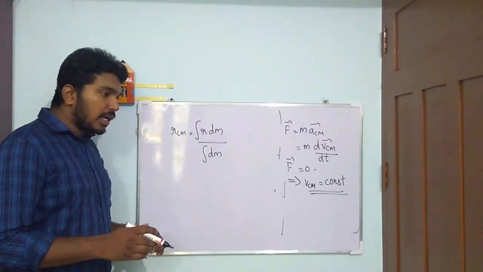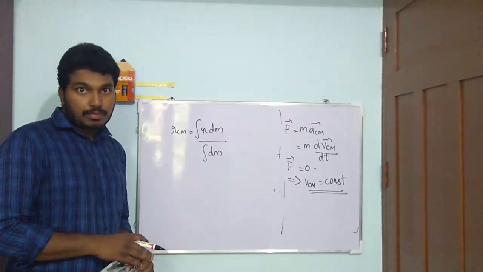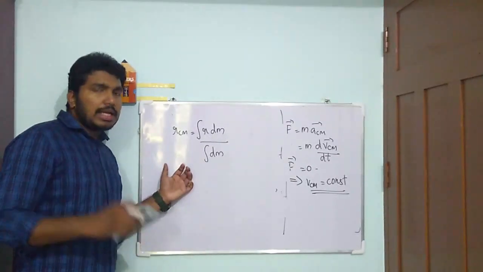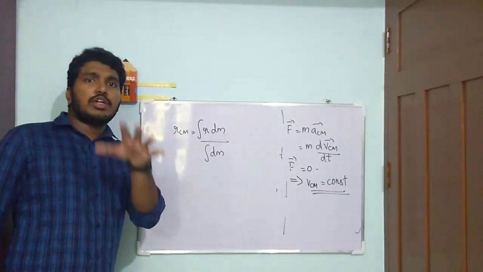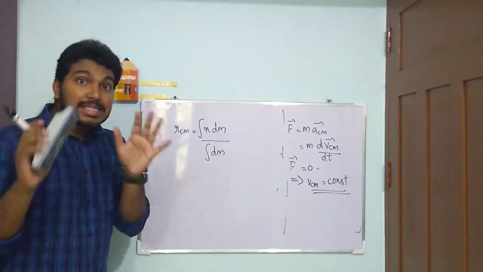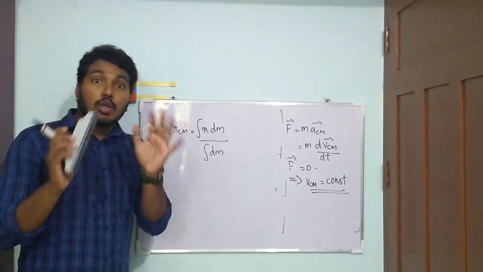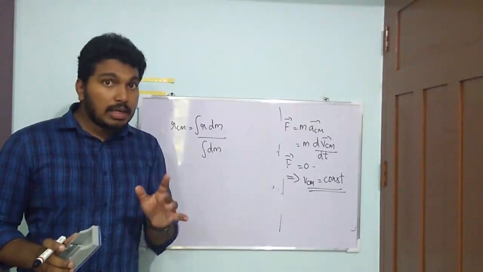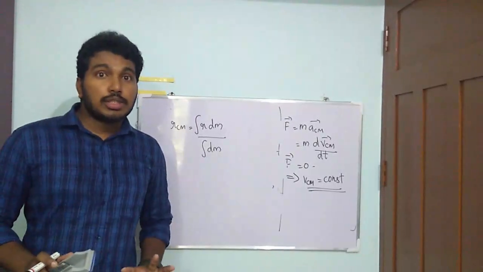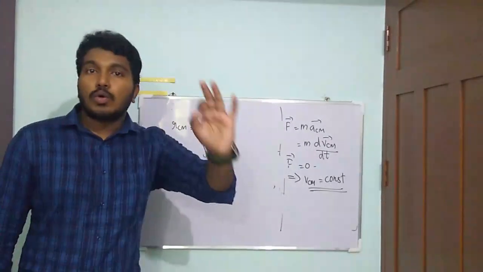Now one thing to remember is, in case of a non-uniform mass distribution, the center of mass will always be closer to the heavier mass.